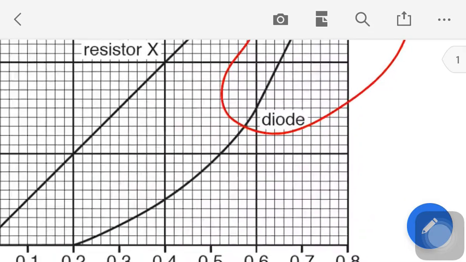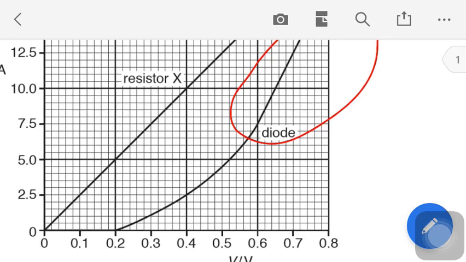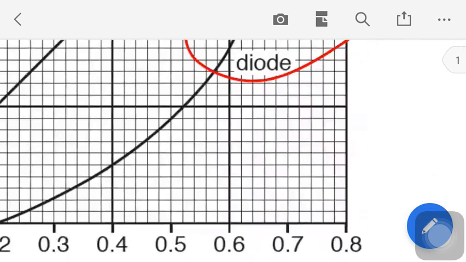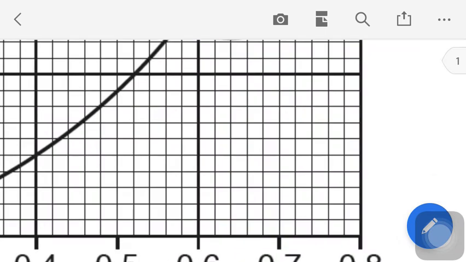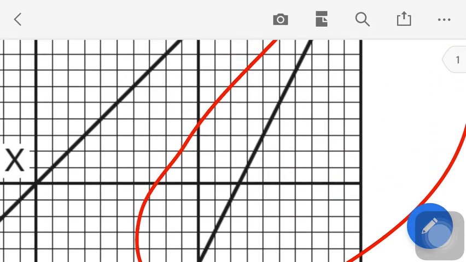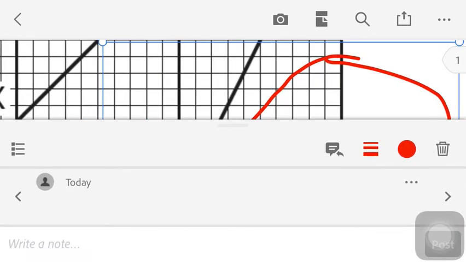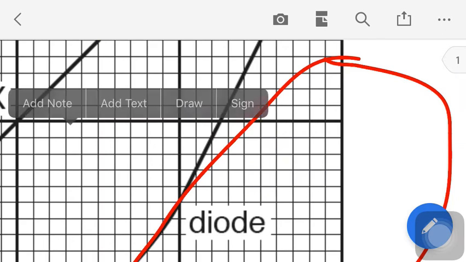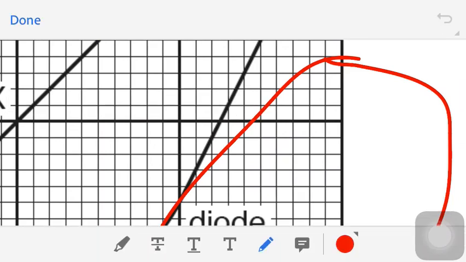Now let's try to calculate the resistance at 0.7. So at 0.7, if you follow the 0.7 line, the 0.7 line cuts the graph here.